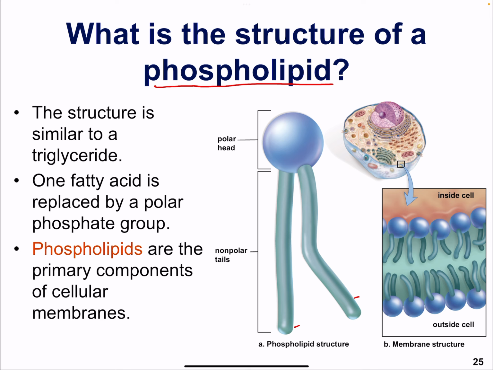That phosphate head is very much polar, so that we are going to have a polar head that knows how to interact with water, and a hydrophobic tail that is non-polar. It's not going to mingle with water.